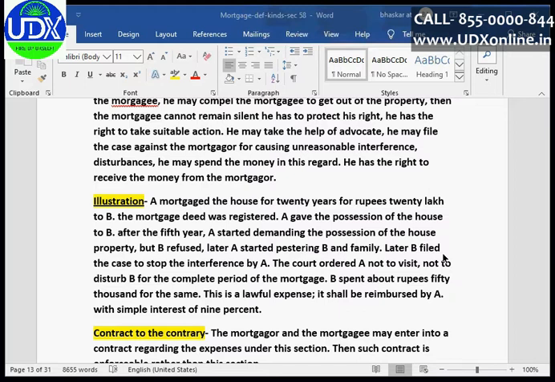You, the mortgager, you do not have the right to interfere.